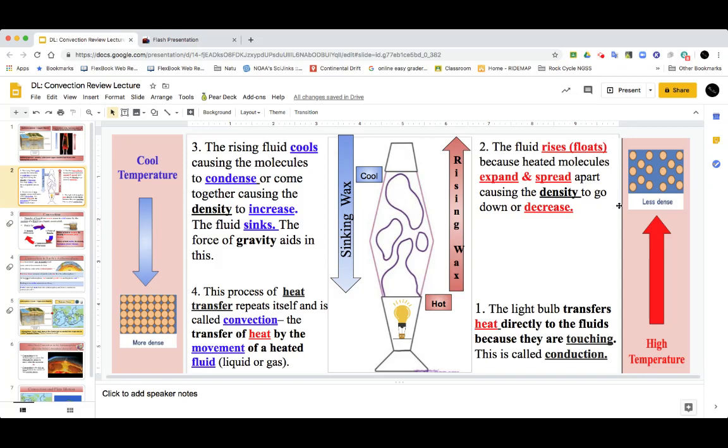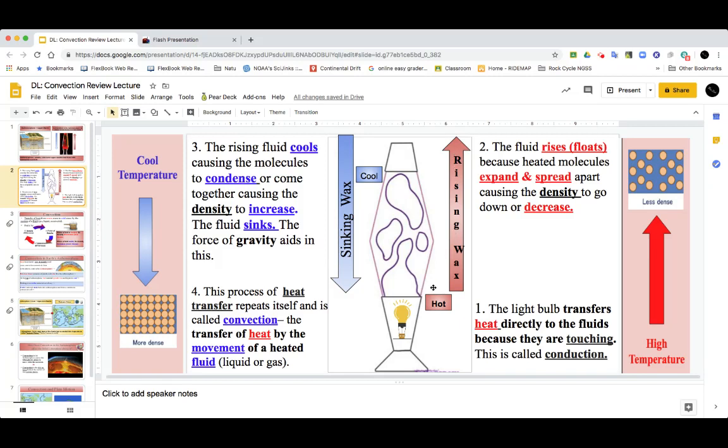So we have molecules that actually spread away from each other, and that does something to the density of the substance. The density actually will go down or decrease. And when density decreases, the substance becomes less dense and floats to the surface. Remember, less dense objects float. So we have a heated fluid rising from the bottom of the lava lamp because it's hot and less dense.